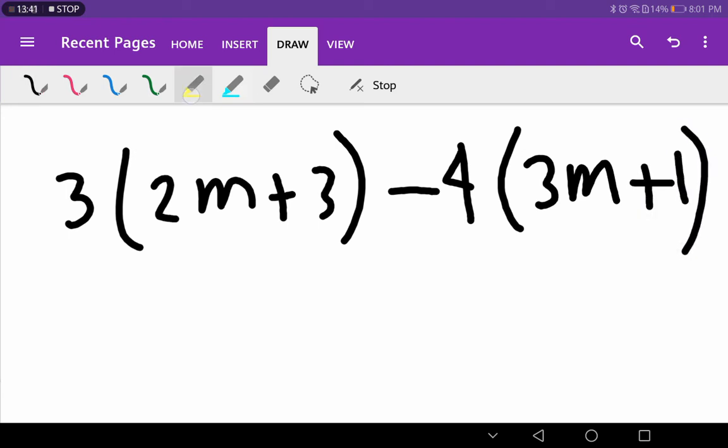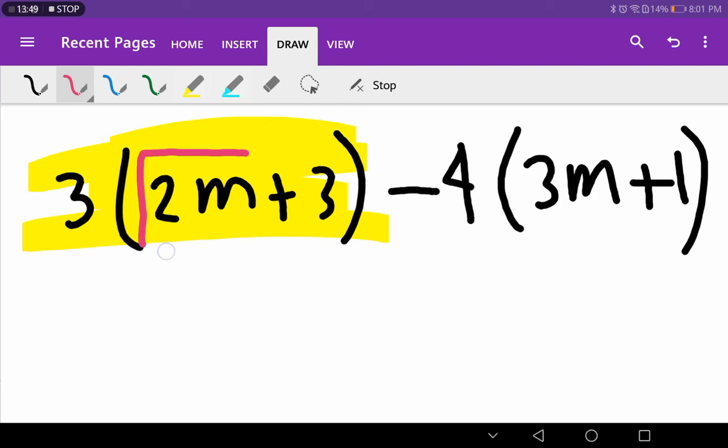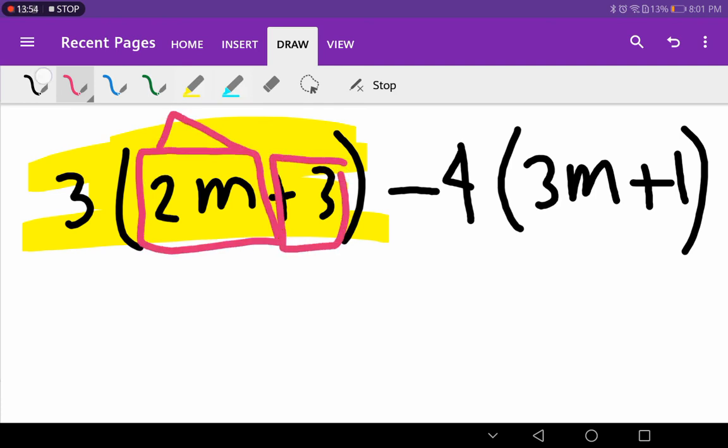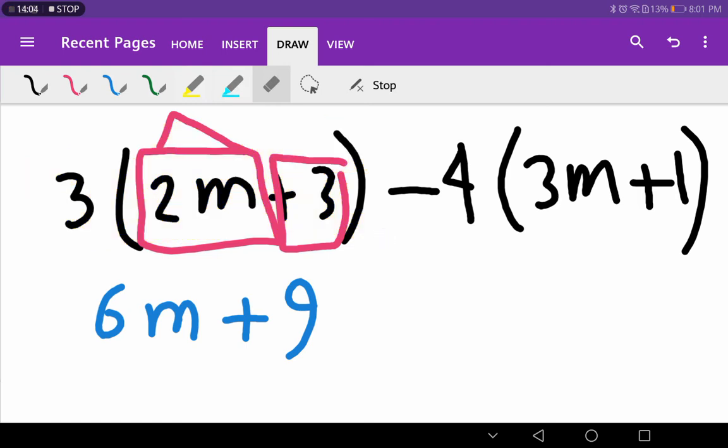Let's go. The first step, Ali's story. Ali must visit home and farm. Let's go. It is 6m plus 9. We are done with this.